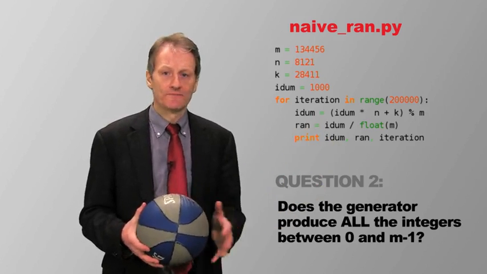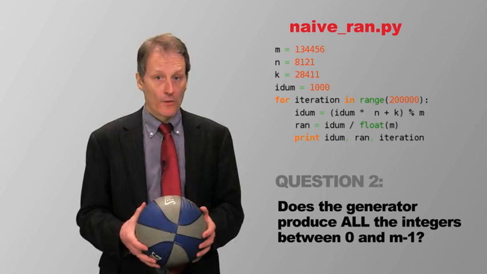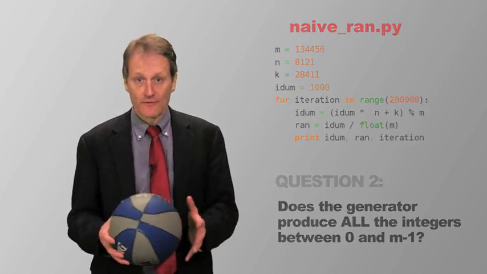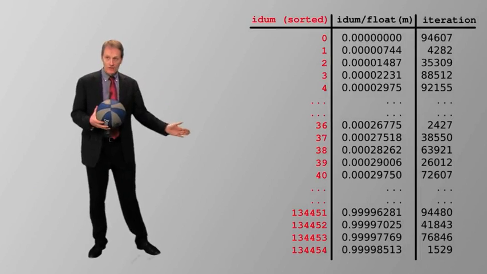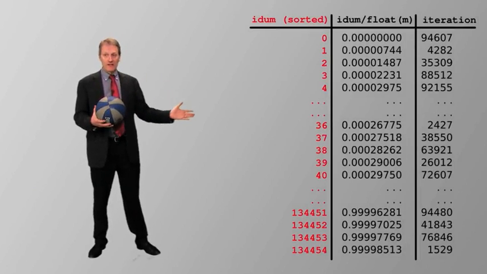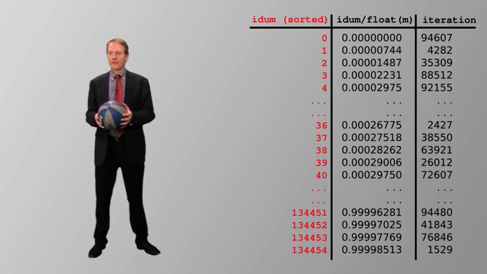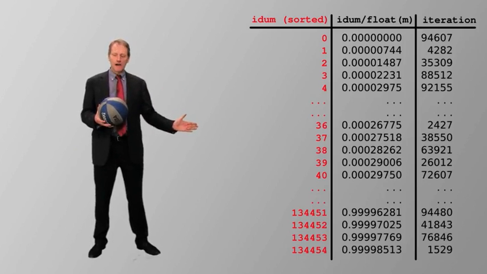Are there holes? Well, as you may find out for yourself, for example, by sorting the output of the random number generator along the first column, you see that all the numbers between 0 and m minus 1 are represented.